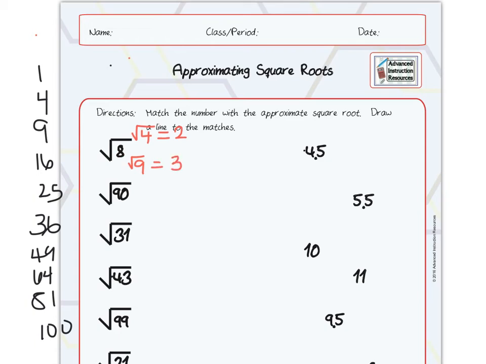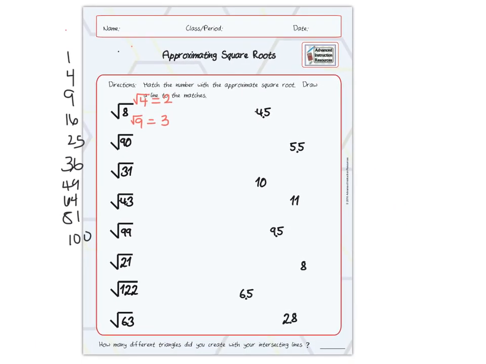So we're looking for a number that's between 2 and 3. And we have 4.5, 5.5, 10, 11, 9.5, 8, 6.5, and 2.8. So it's asking you to match the number with the approximate square root, draw a line that matches. So the square root of 8 comes between 2 and 3, and the only number that comes between 2 and 3 is 2.8.